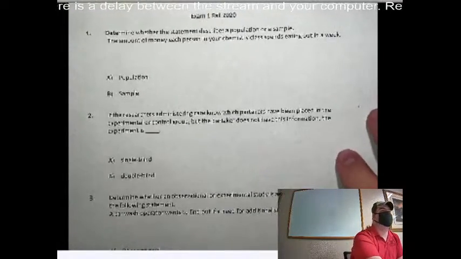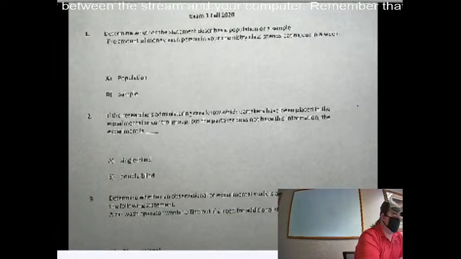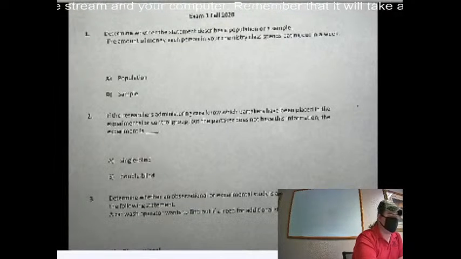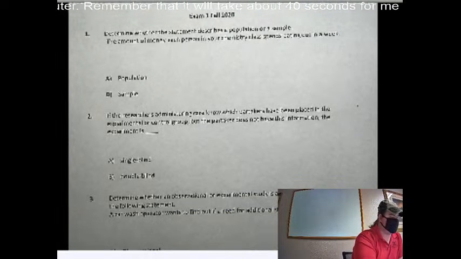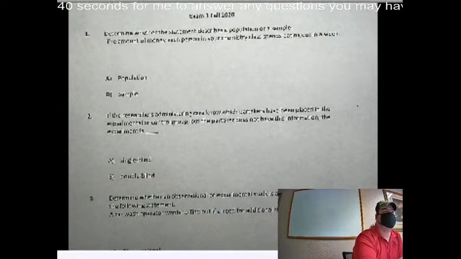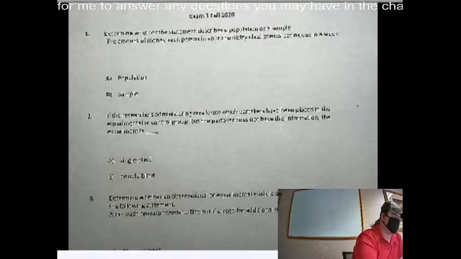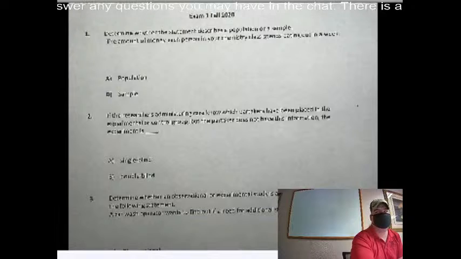So number one says determine whether the statement describes a population or a sample. It says the amount of money each person in your chemistry class spends eating out in a week. Is this a population or a sample?